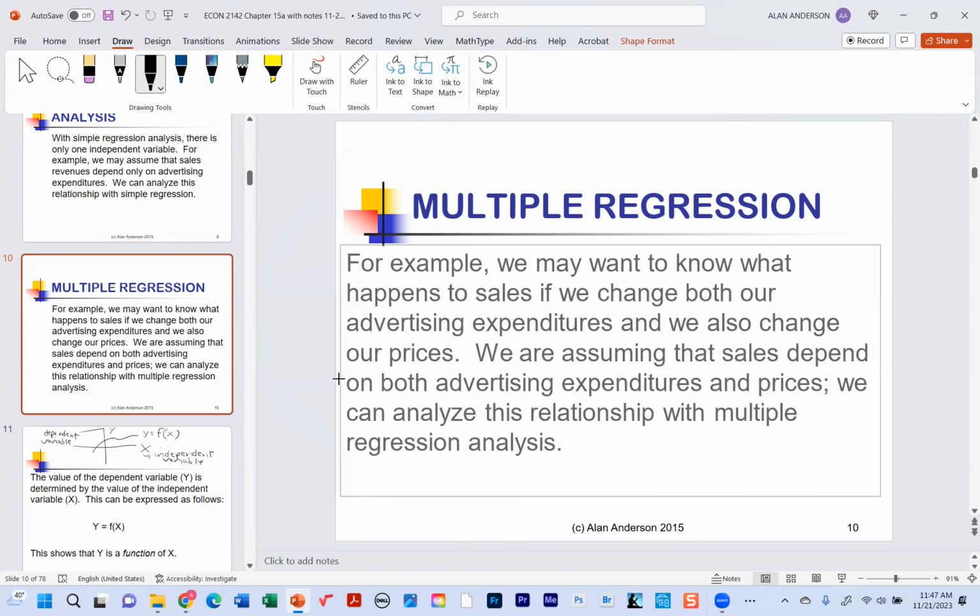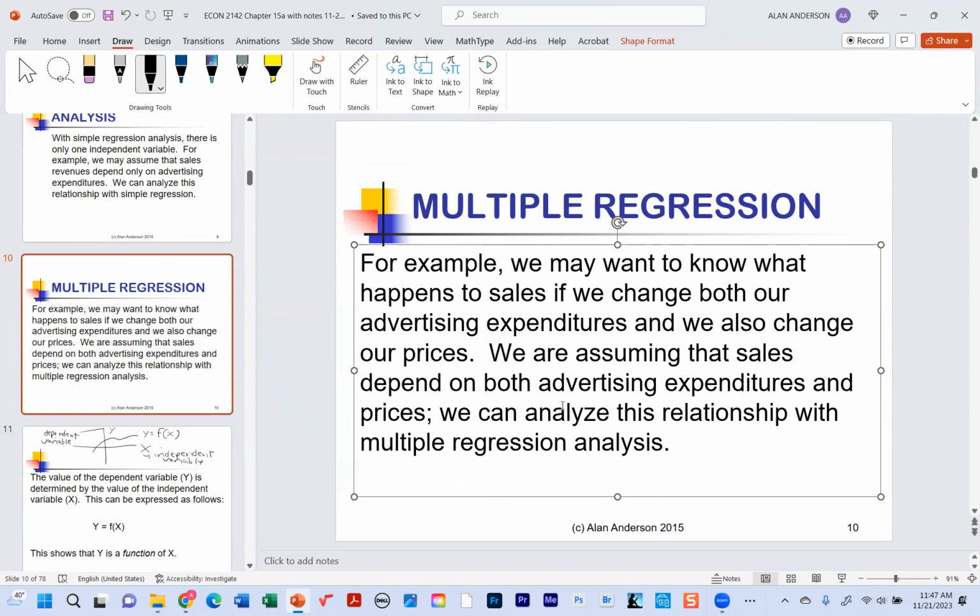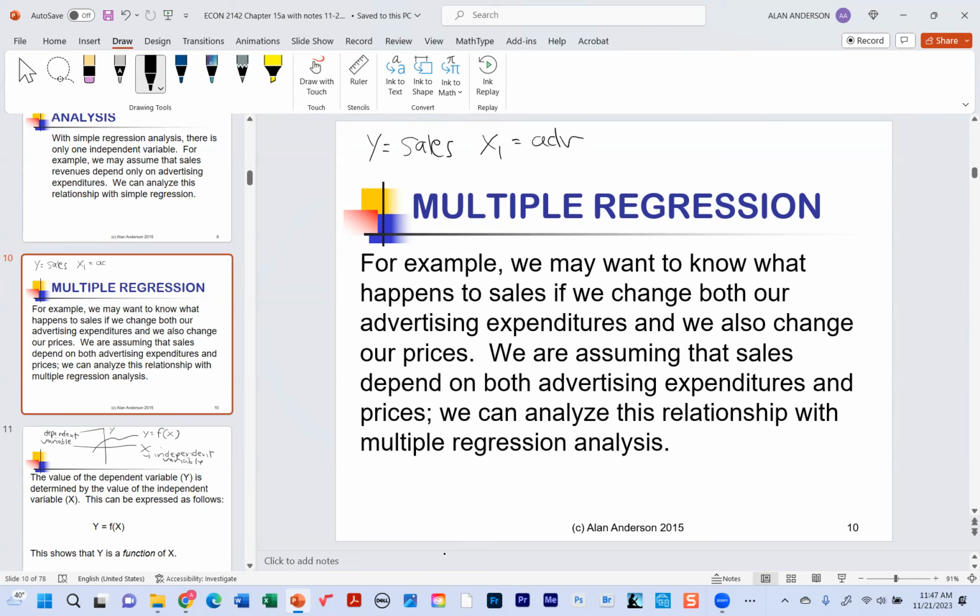Then that would require us to analyze that relationship with multiple regression analysis, because these are both independent variables. Okay, so in other words, y would be our sales, and then we have two independent variables. We'll call them x1 is advertising, x2 is prices.